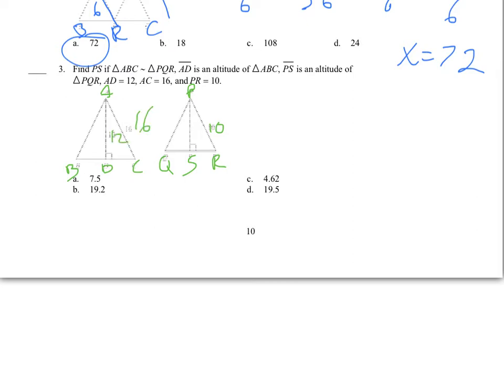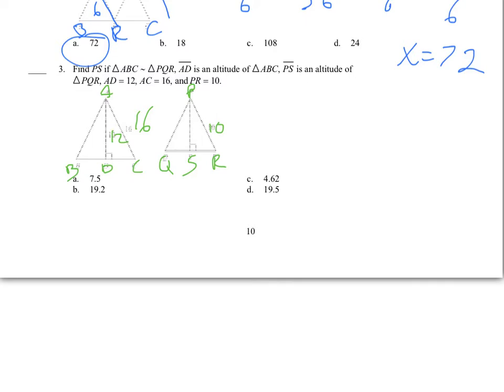Okay, so they're similar triangles. AD is an altitude of ABC. PS is an altitude of PQR. AD equals 12, AC equals 16, PR equals 10.